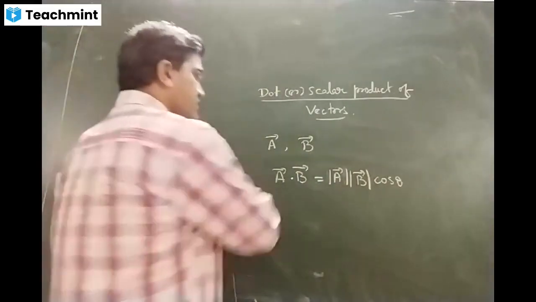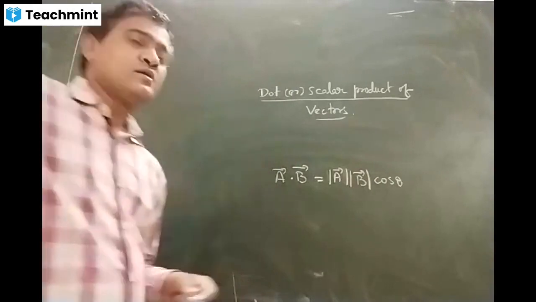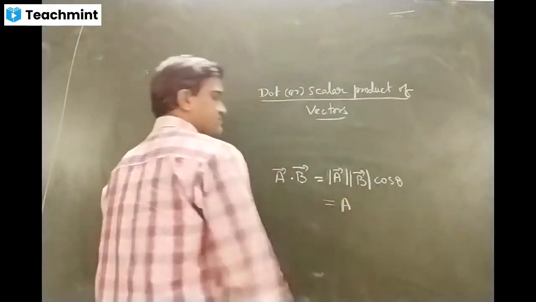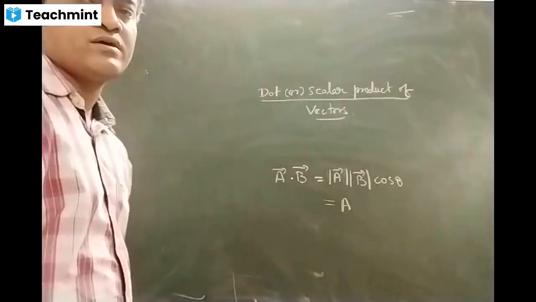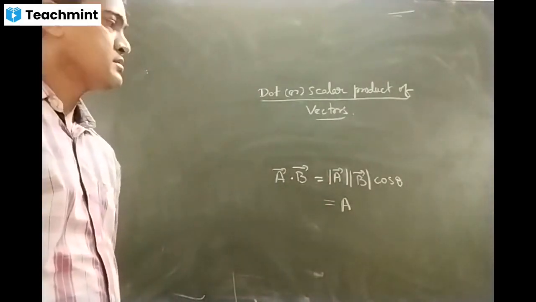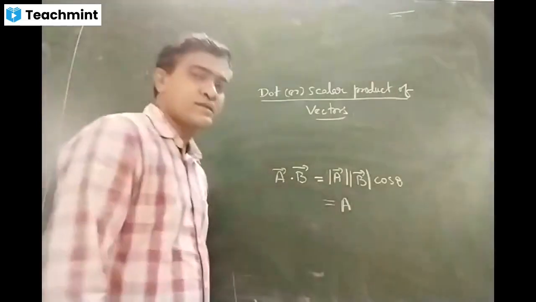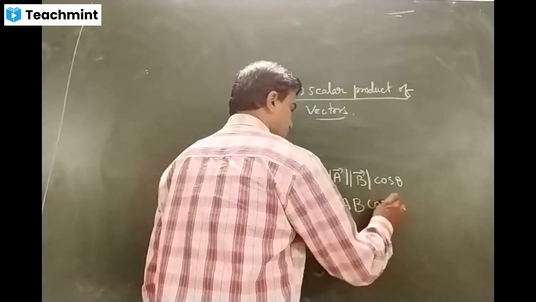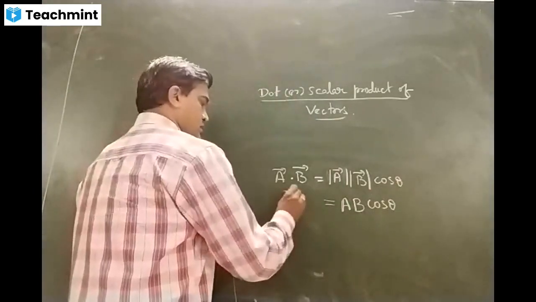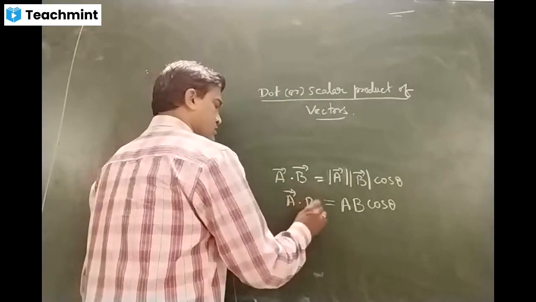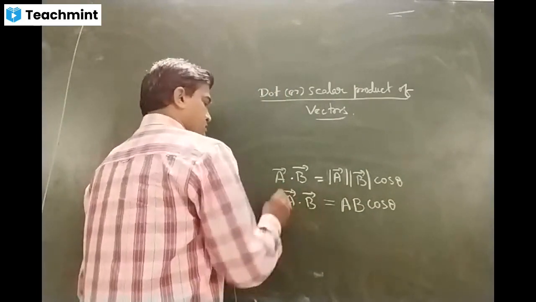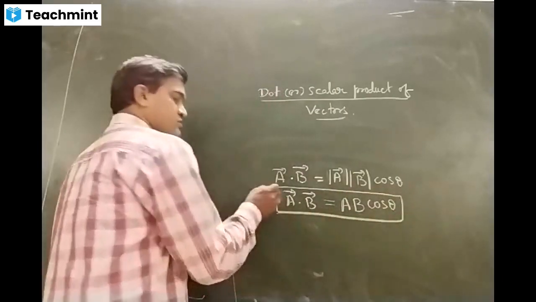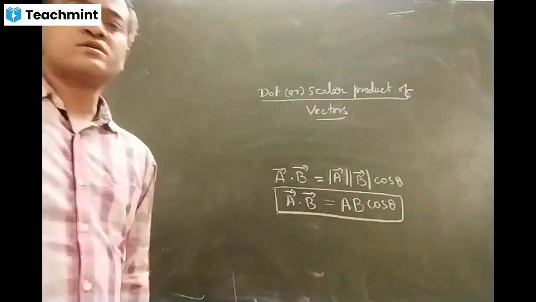Can I write the modulus of A bar simply as A, and the modulus of B bar as B? Then A bar dot B bar equals A B cos theta. So this is the formula for the dot product of two vectors.